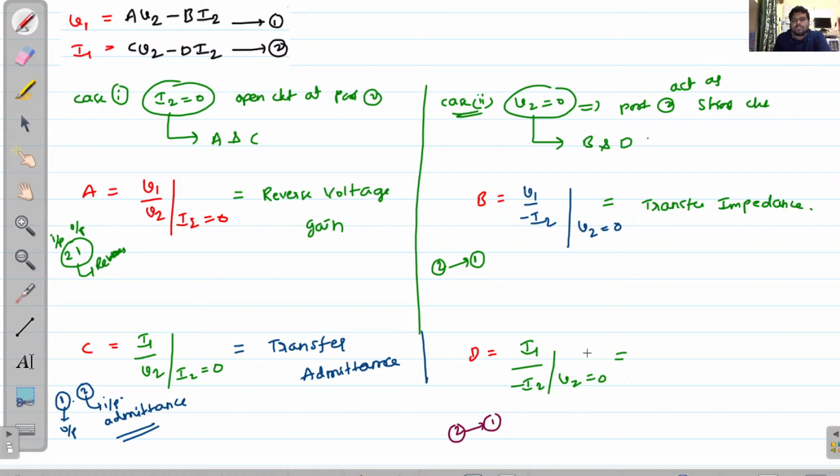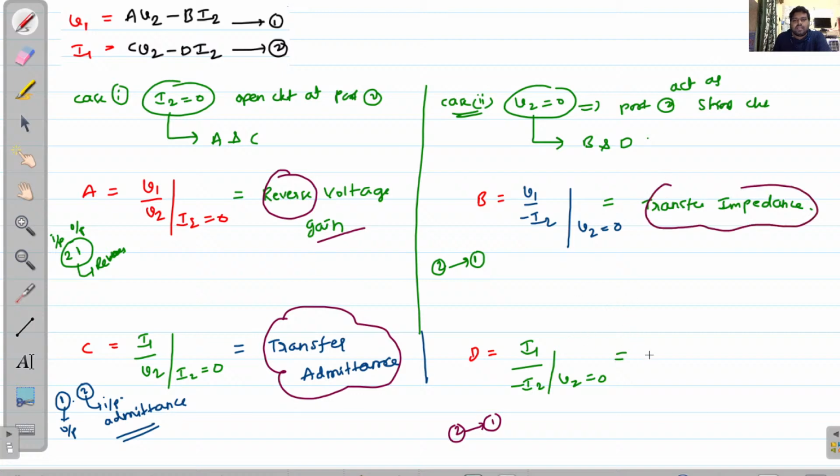This is also called reverse. So for all these parameters, we are getting a reverse voltage gain, a reverse transfer admittance, and a reverse transfer impedance. And here we are getting a reverse current gain, or reverse current ratio. Okay.